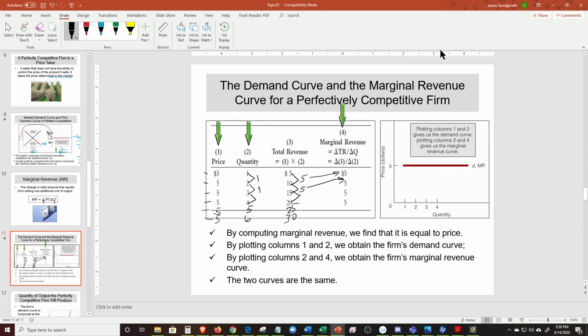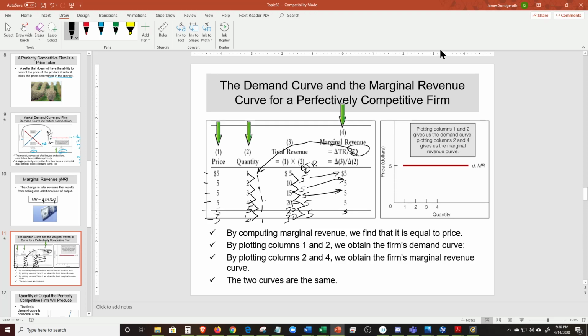Total revenue goes up to $20. Marginal revenue is 5 divided by 1. Whoops, I better put the 1 in there. And we get this. And essentially, that's true all the way down. This here is the change in total revenue right here, and the change in quantity is right here. All right.